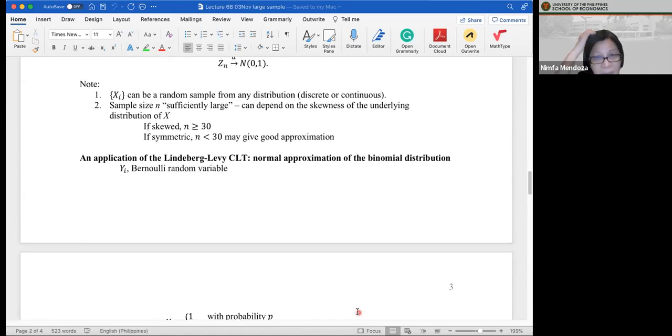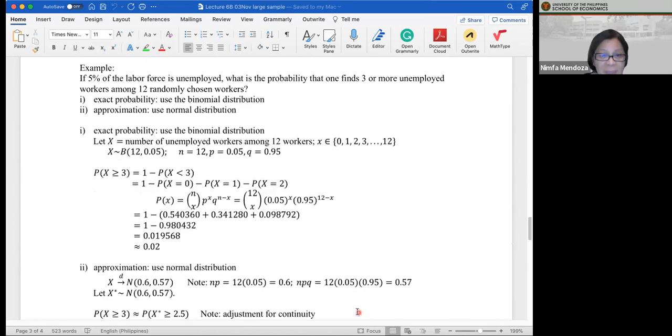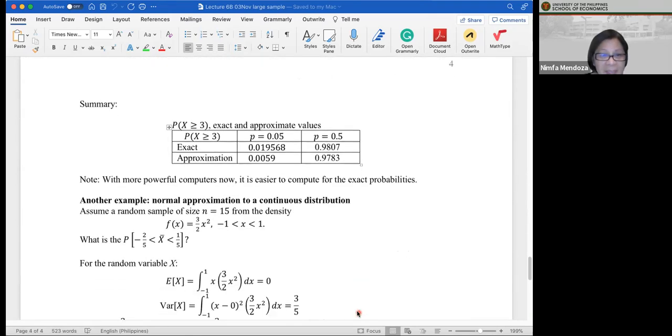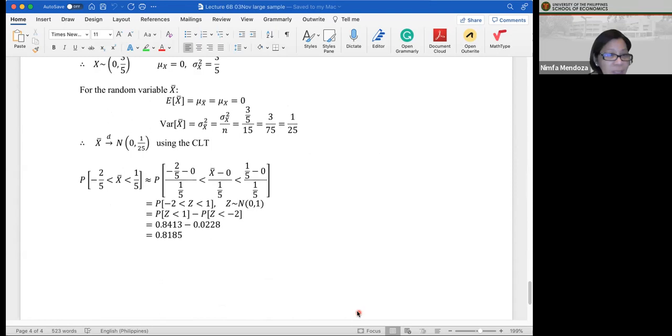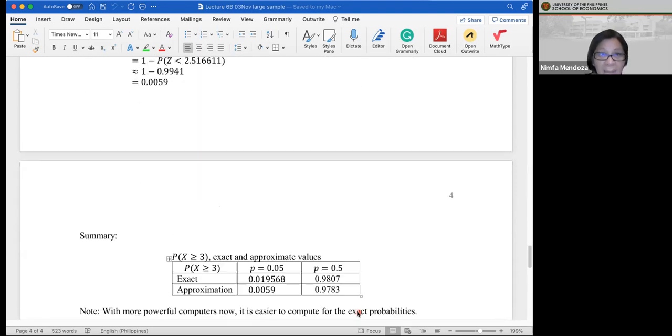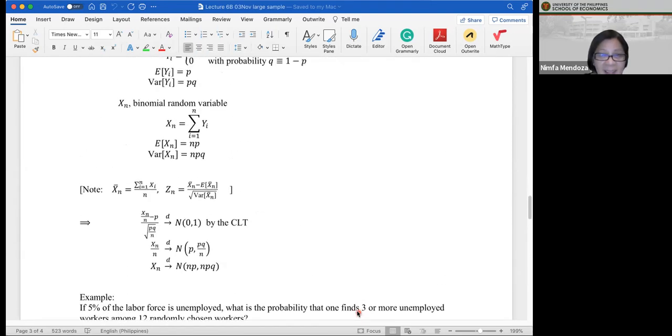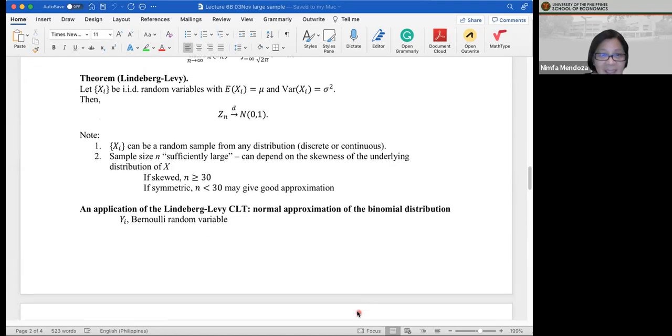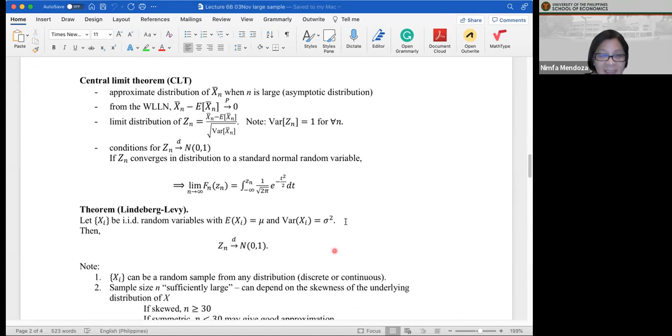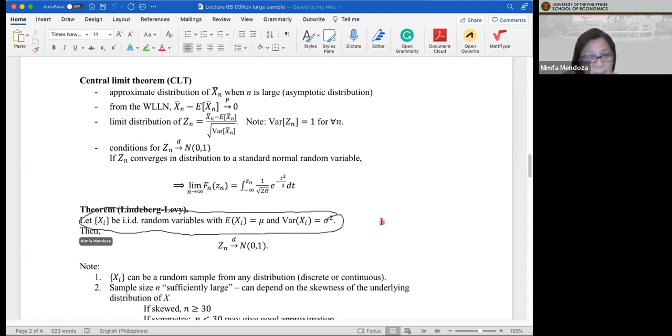If you look at other books, there are other versions, and they just differ according to the assumptions. So the central limit theorems would differ depending on these assumptions.